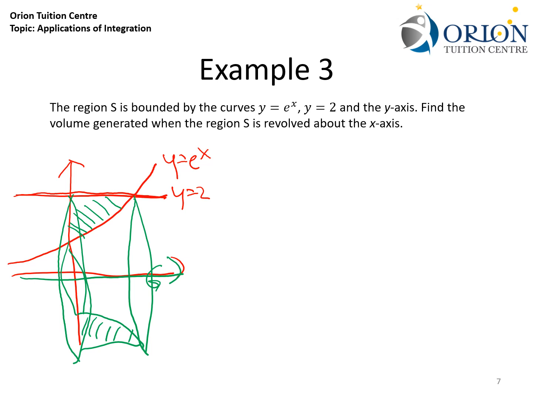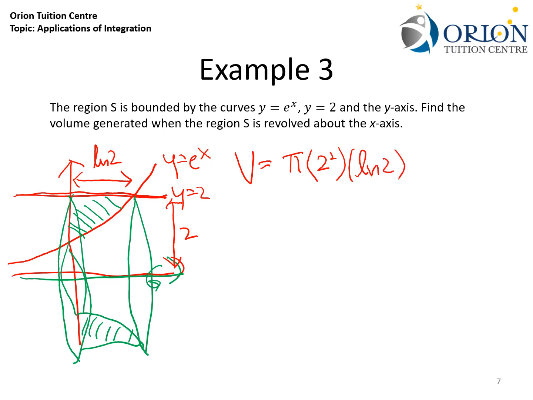So we have V equals to pi times r square times h. The radius of this cylinder will be 2, and the height of this cylinder will be ln 2. So we have pi 2 square times ln 2, and we are going to subtract it with integration from 0 to ln 2 of pi y square dx.